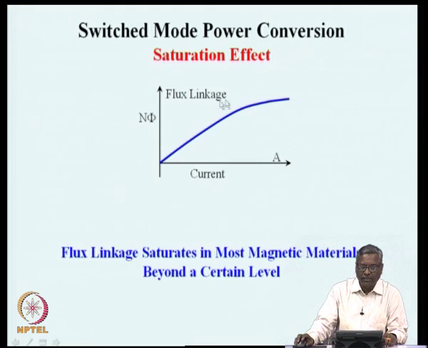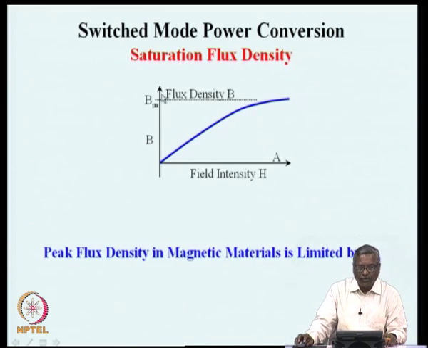For ferrites it takes place at about 0.2 Tesla, for iron it may take place at about 1.5 Tesla. Now, the peak flux density beyond which the flux is not increasing proportionately is known as the peak flux density, and it is defined by Bm.